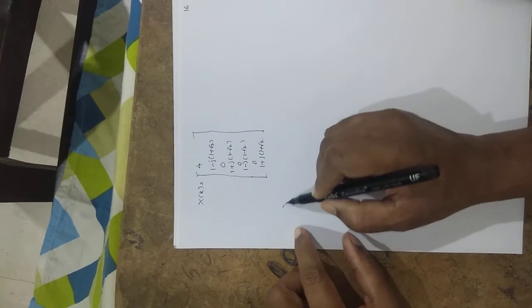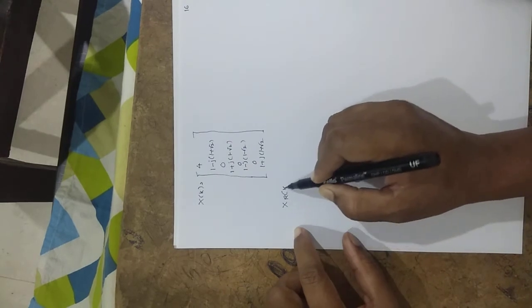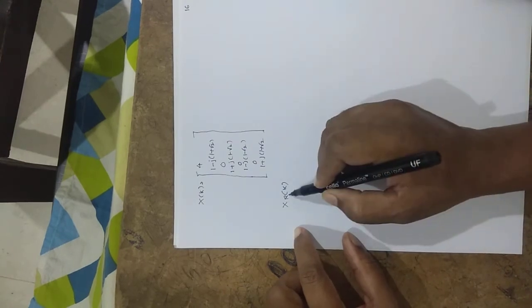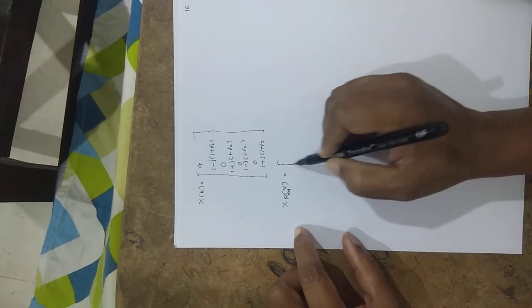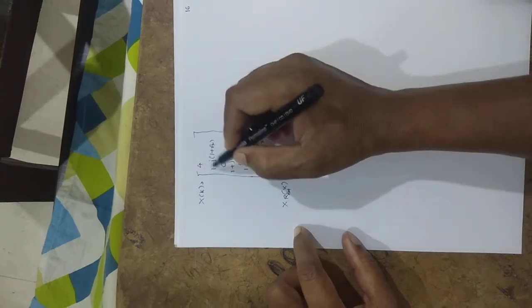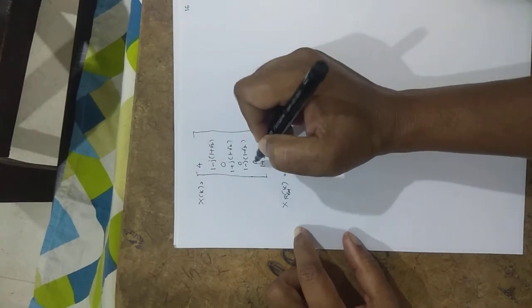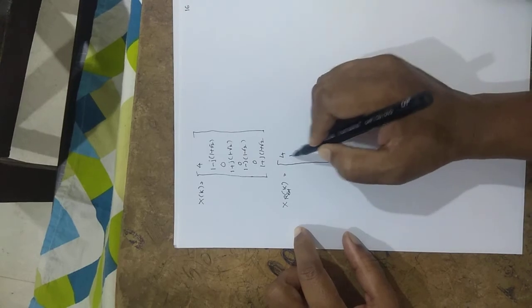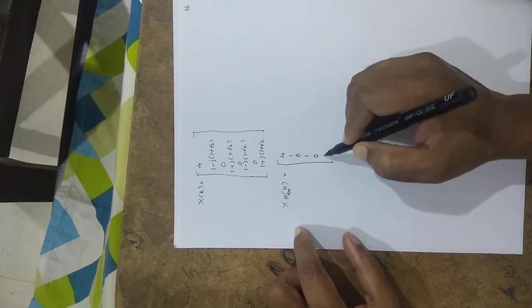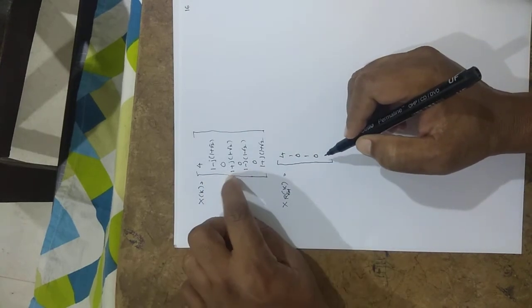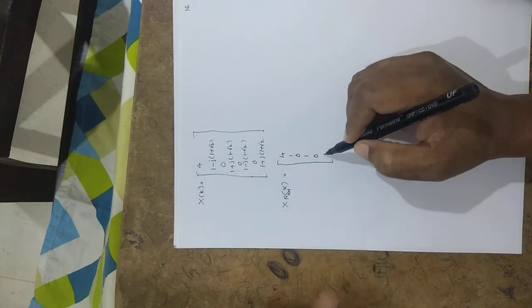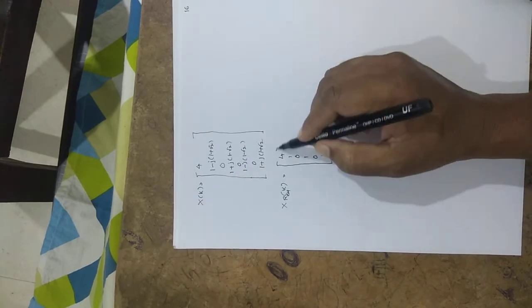Then the real part of this one is xr of k, given by only the real part: 4 1 0 1 0 4 1 0 1 0 1 0 1.